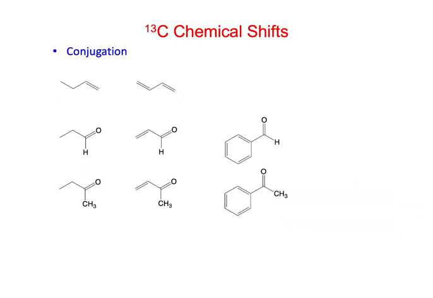So where we left off was looking at how conjugation can affect chemical shifts. This is really kind of a subset of resonance. So let's just draw some examples here. The terminal positions are usually the ones that are more upfield, just based upon substitution, right? We talked about that. And the internal one is a little further downfield.